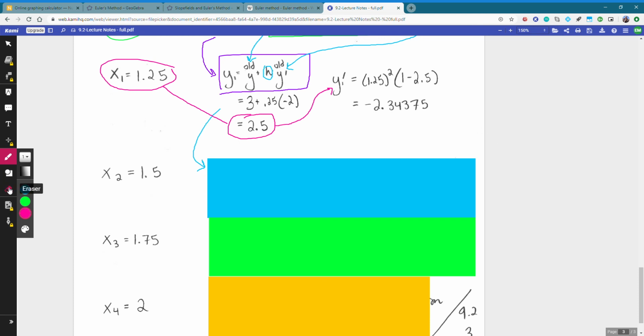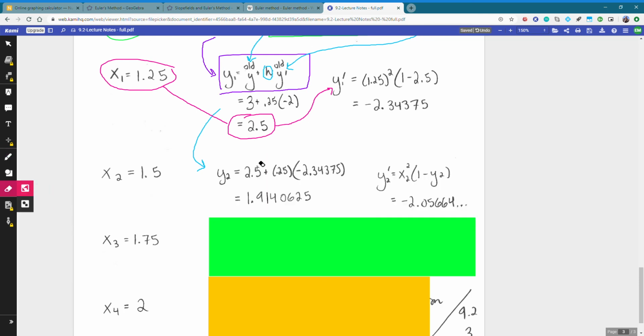All right, so once we get our y prime here, we have the ingredients for finding our new y. We just need to follow our formula from Euler's method. This is our old y value plus our h times our old y prime.